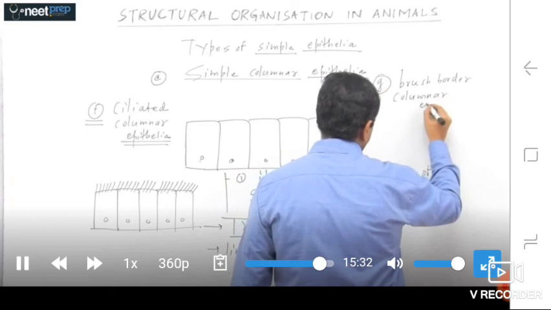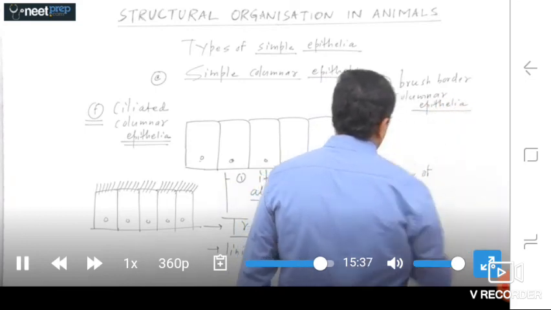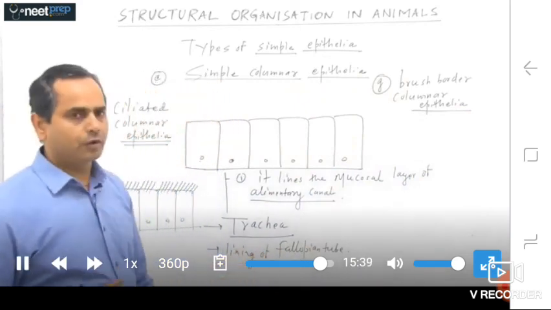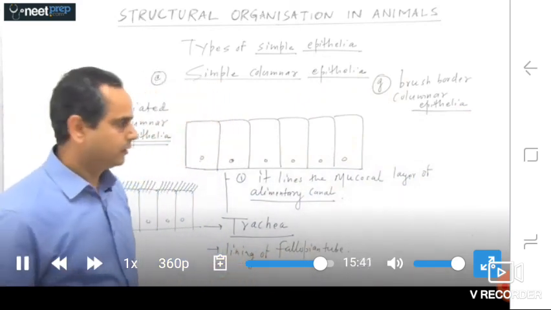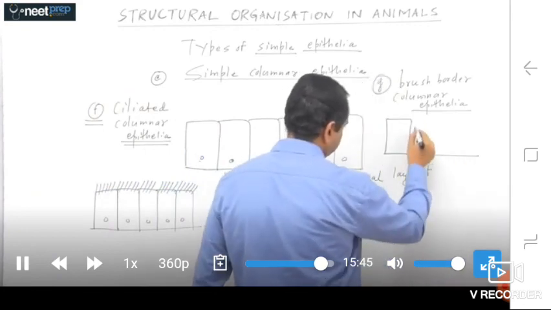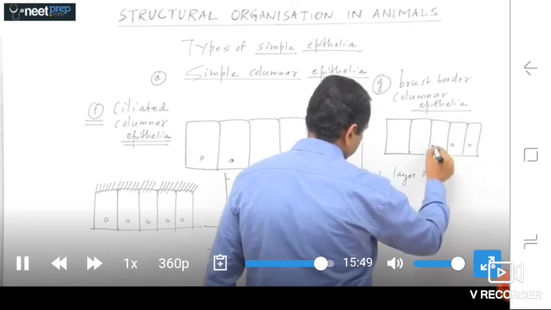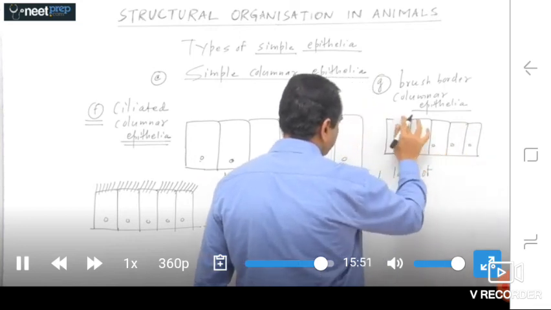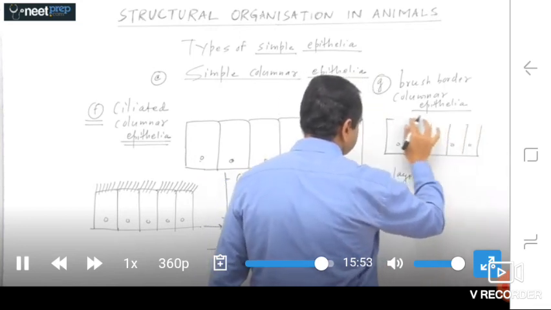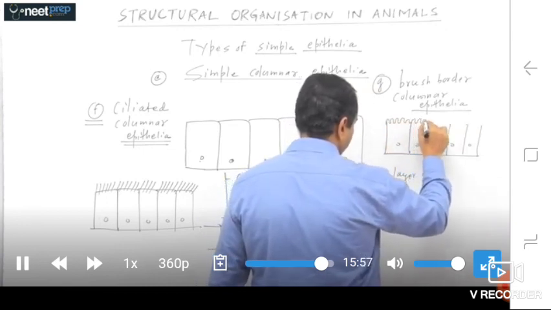Similarly, if we talk about type G, that is the brush border columnar epithelia, the structure is like this. Here is microvilli in the apical part.